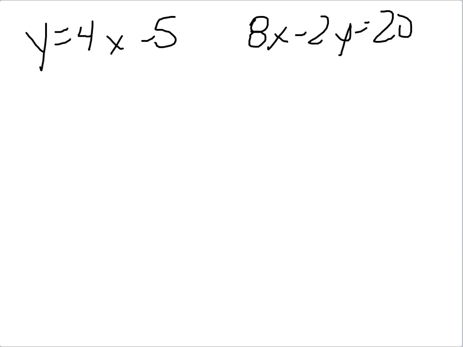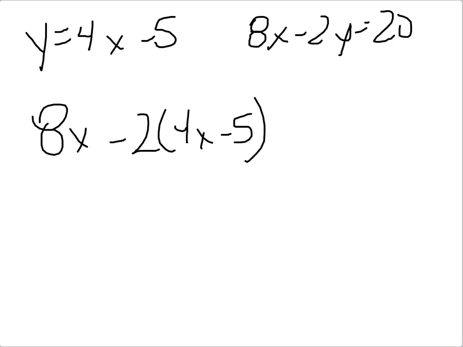What if I have y equals 4x minus 5 and 8x minus 2y equals 20? Well, the first one is already solved for y, so I don't even have to do any work there. So that means I'm going to have 8x minus 2 times 4x minus 5 equals 20.